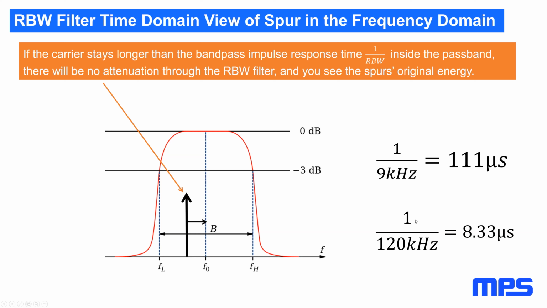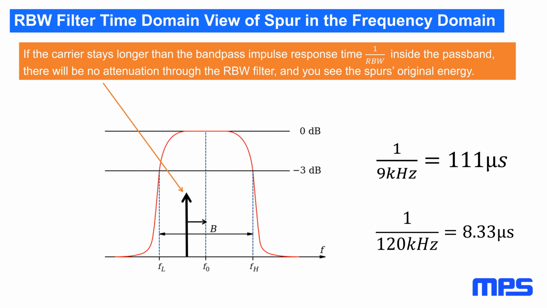At 120 kilohertz it is worse, which means that in this wider area I have to spend way less than 8.33 microseconds to get any attenuation. Otherwise, my EMI receiver will show full blast. So that's, I think, the second limitation. We have to move the frequency around fast and outside of these receiver bandwidth filters.